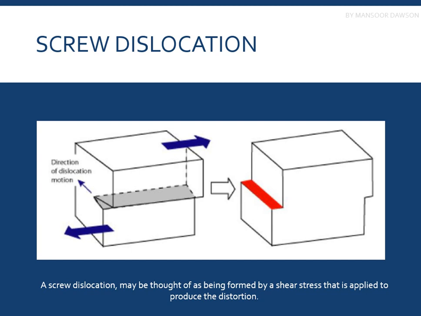As I discussed, a shear force is being applied, and here is the Burgers vector. You can see this is the dislocation movement, because a shear force is being applied, so the plane would be tearing out from here.